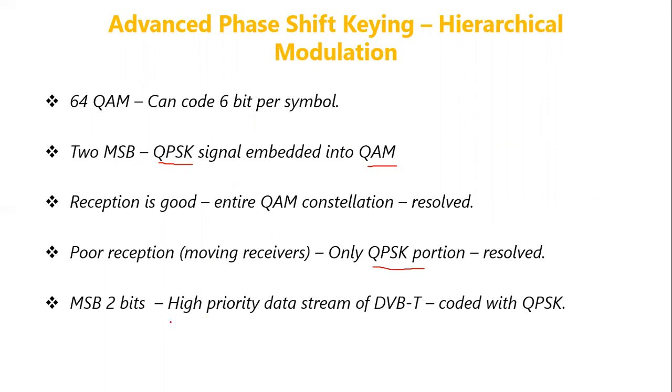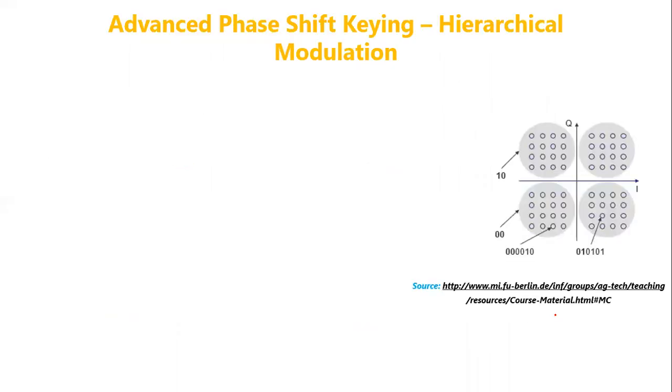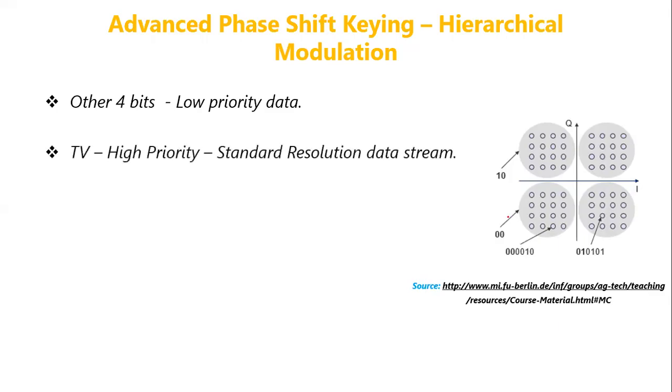So the MSB 2 bits will be used to refer to high priority data of digital video broadcast, and that uses the quadrature phase shift keying scheme. Whereas the remaining 4 bits will refer to low priority data. So even if there are any issues, this low priority data will be ignored, but the high priority data will be recovered.